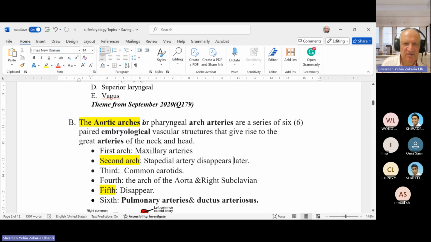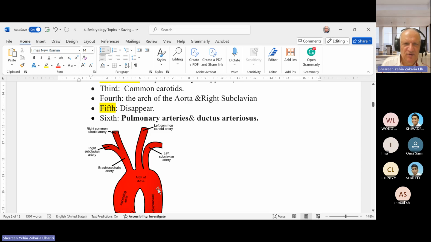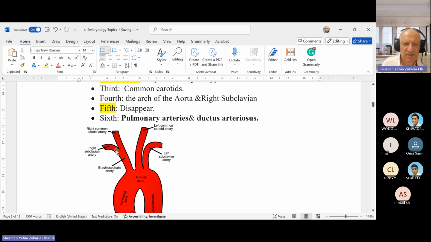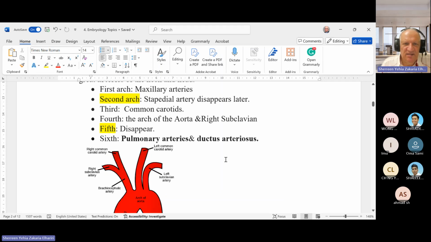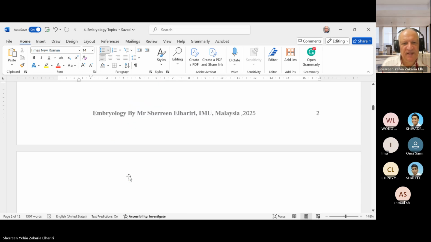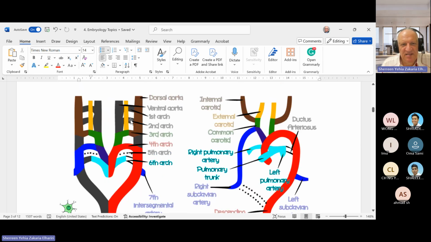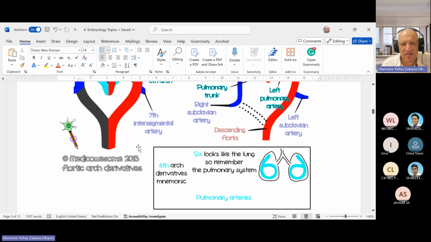Aortic arch means pharyngeal arch arteries, it is not the arch of the aorta. Of course, as you see here in the arch of aorta, we have the brachiocephalic, the common carotid from the third, the left subclavian, but the pulmonary arteries arise from the sixth. It may be complicated, but just remember what happened to the arches.